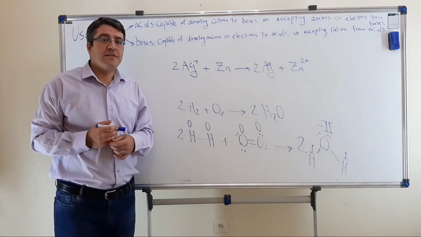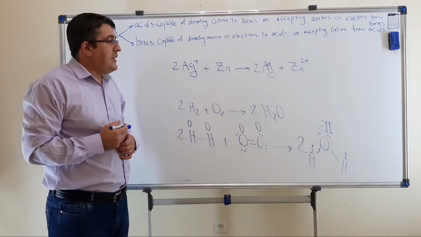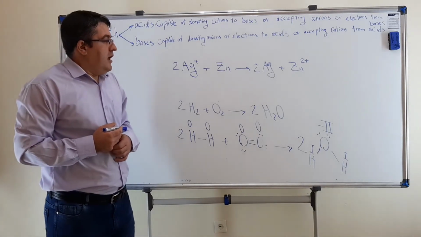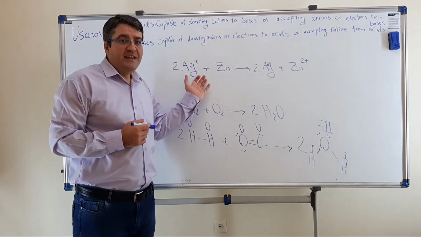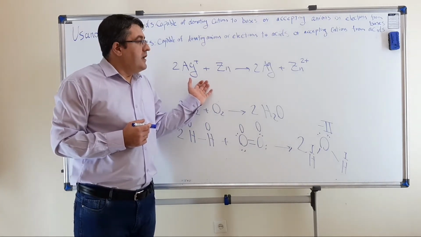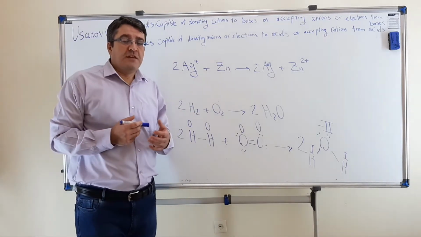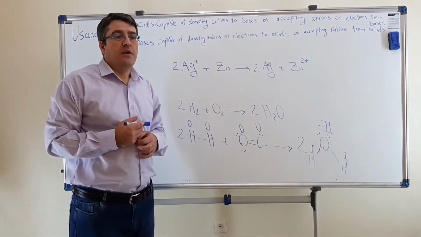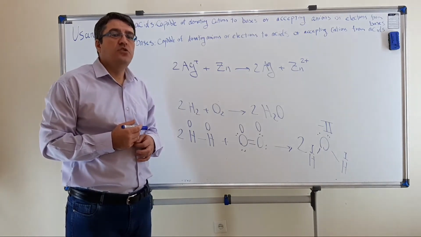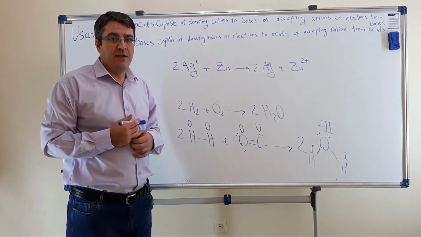On the other hand, some others believe that we can criticize Usanovich theory in this way. They believe that the border between acid-base reactions and other chemical reactions, non-acid-base reactions, is not well defined.